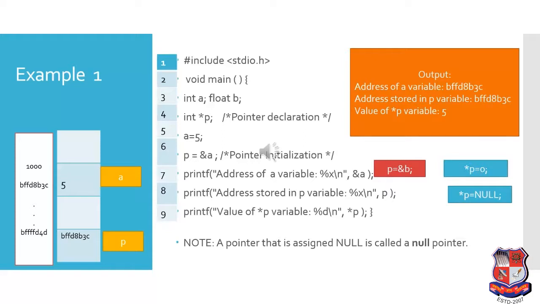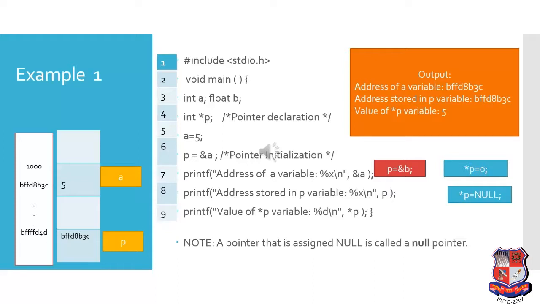In line 5, we are assigning a value 5 to A. Then look at line number 6. P is equal to &A. That means the pointer is initialized now and is given the value of the address of A. Now P is pointing to A. Clear?